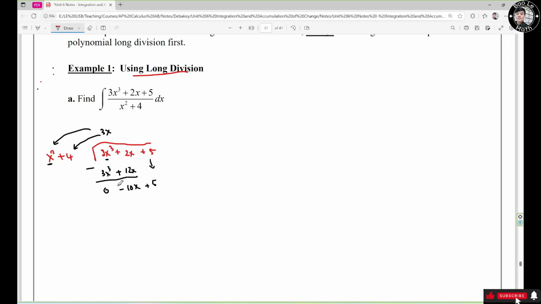Now observe that the highest degree term of this one is negative 10x, and the highest degree term of the divisor is x squared. This one has a degree less than the divisor, so you need to stop.